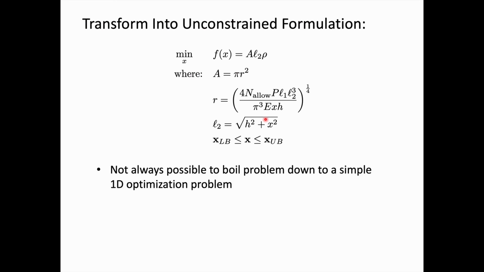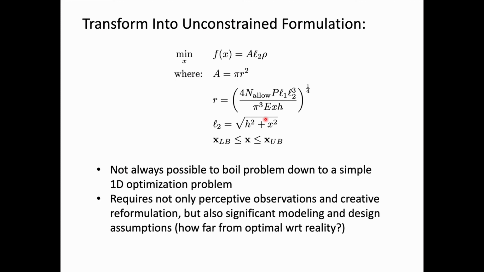Of course, it's not always possible to boil down a problem to a simple one-dimensional optimization problem, but there are a lot of things we can learn here. It requires a number of things, including perceptive observations. It took a lot of creative reformulation, but it also required a lot of modeling effort and design assumptions. We made lots of assumptions.